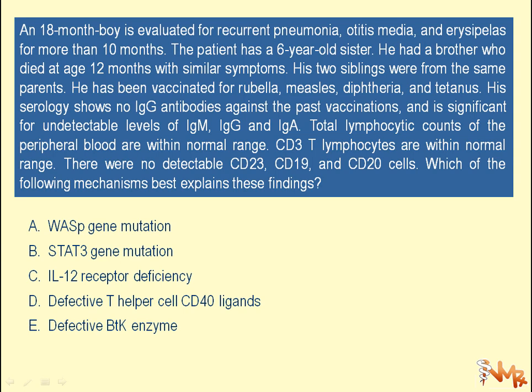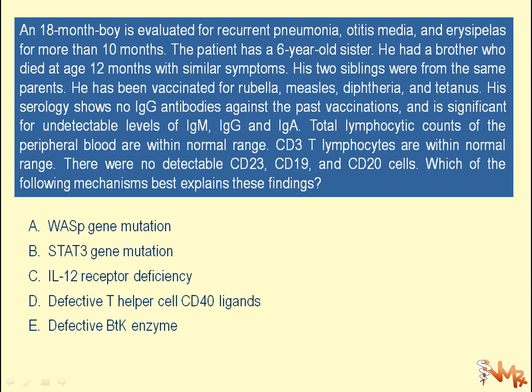Of course, this is a double jump question. First, you have to do the diagnosis, and then you have to find the mechanism. You have a boy in the case scenario. The brother died. The sister is almost normal. So you're going to be looking at an X-linked condition.